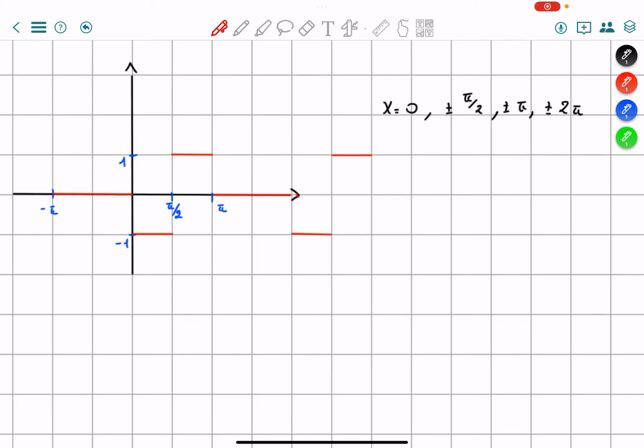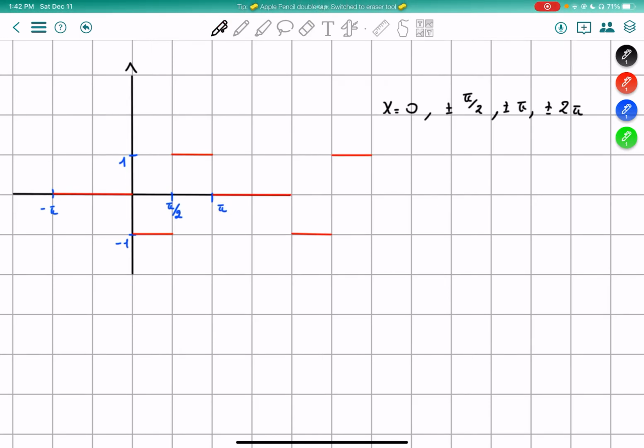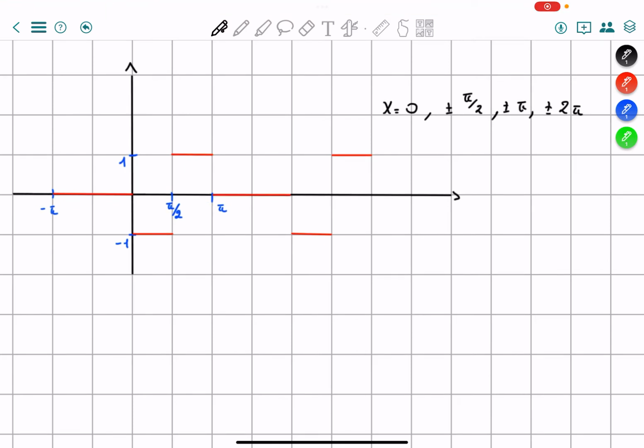If I were to extend this line all the way over here, this value here would be 2 pi, here we would have 5 pi over 2, and here 3 pi.